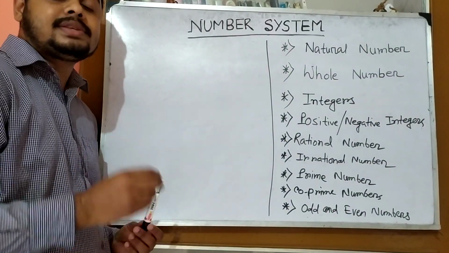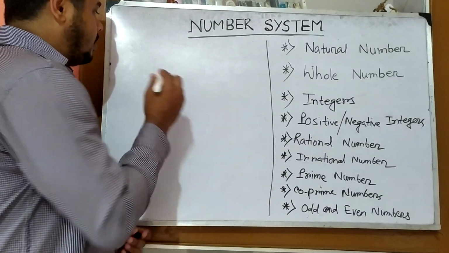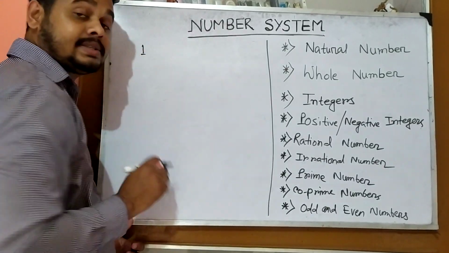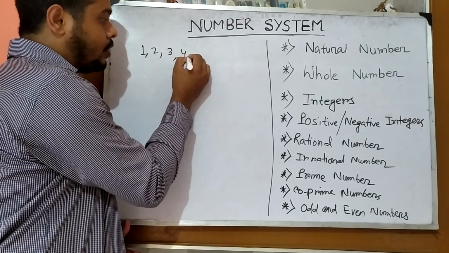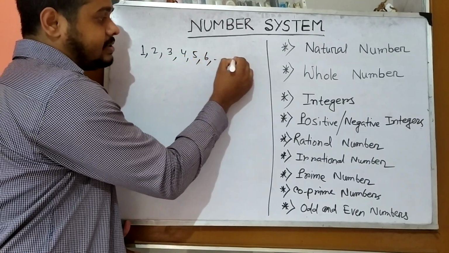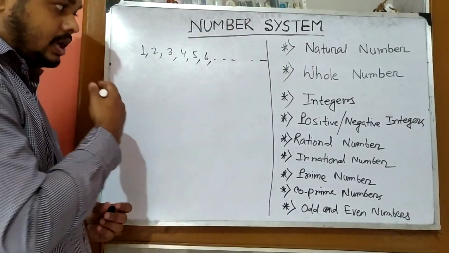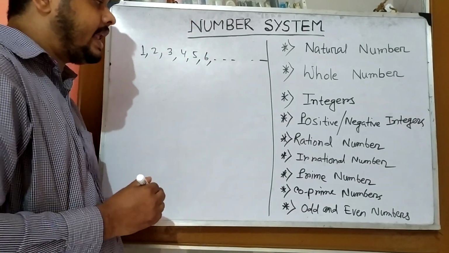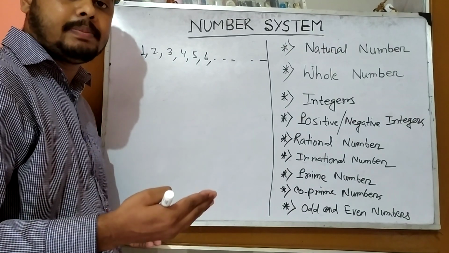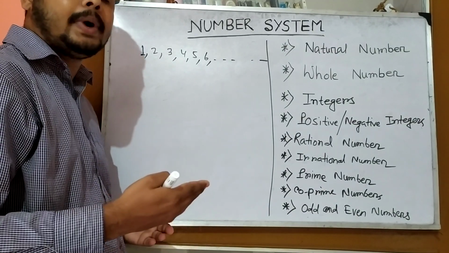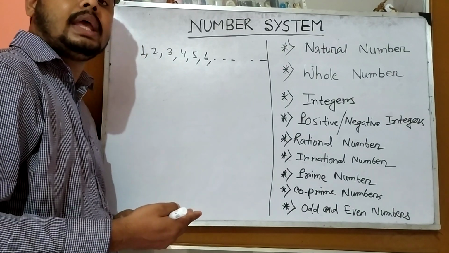Our counting starts from 1, so our first natural number is 1. After that 2, 3, 4, 5, 6, in this manner up to infinity, all the numbers are called natural numbers.